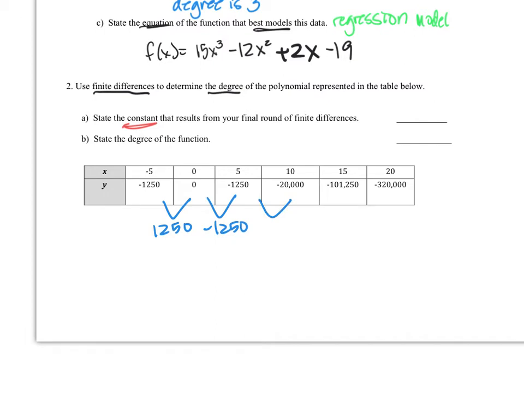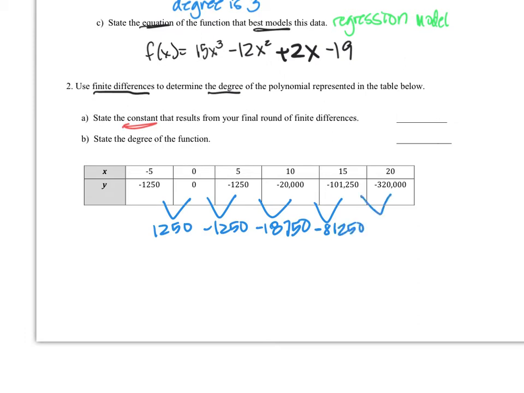Negative 1250 to negative 20,000, again, that's heading down, so we're going to have a negative value. And all you have to do, you guys, is see the difference between 1250 and 20,000. Between 20,000 and 101,250, it is a negative 81,250.